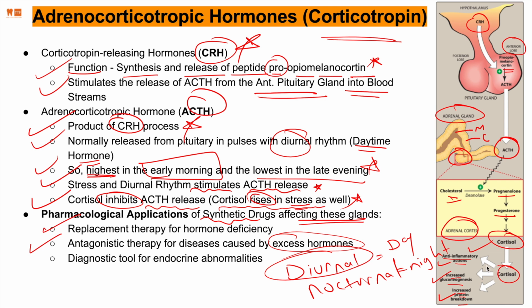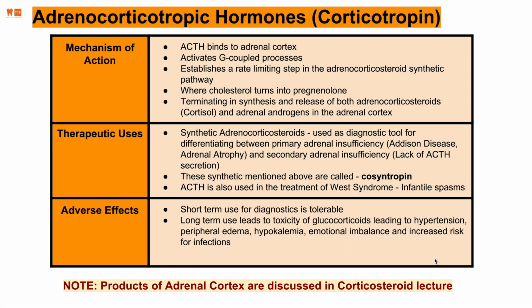When you give more cortisol, you give a negative feedback to the hypothalamus and say, oh, I've got enough cortisol. Please stop producing cortisol. And that's one way to decrease the excess of these hormones. And lastly, diagnostic for endocrine abnormalities. If there's an abnormality associated with cortisol and you administer cortisol, it will show you that this is the disease. So it's a diagnostic tool.